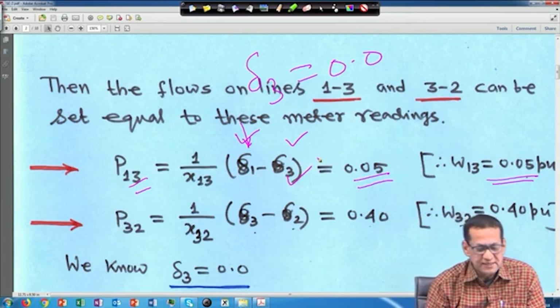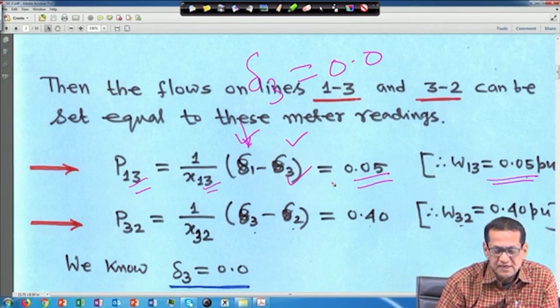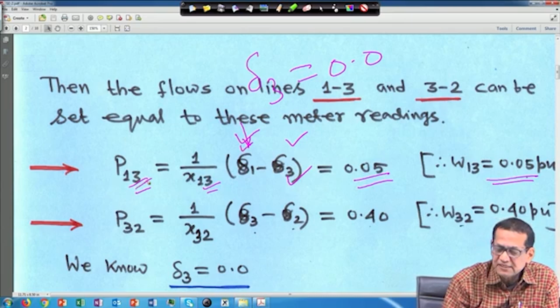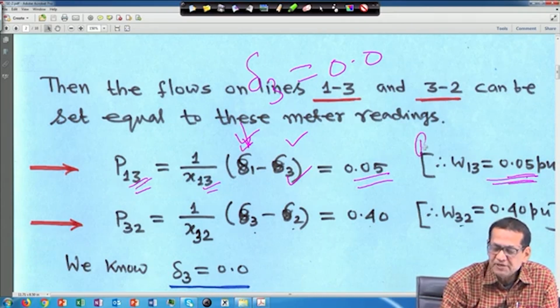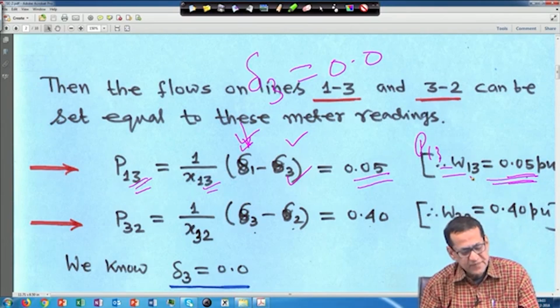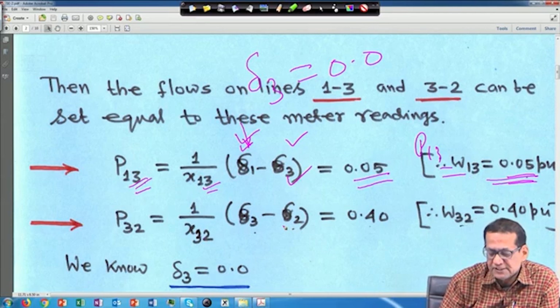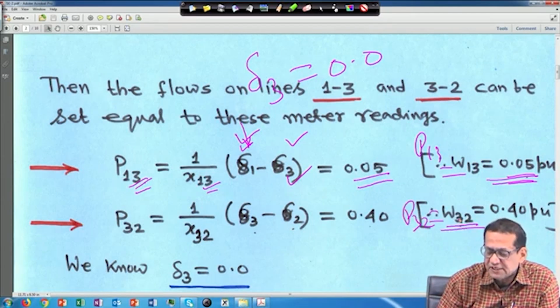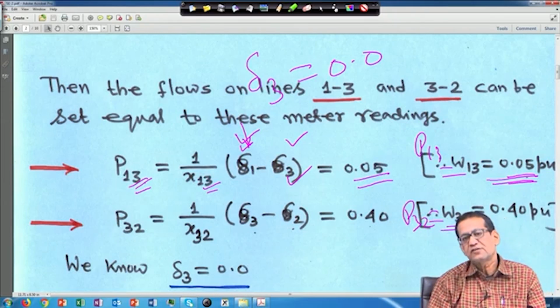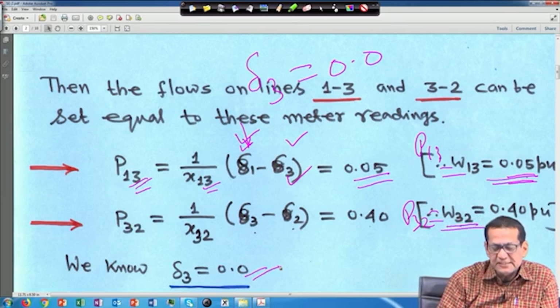With x13 known, you can calculate the value of delta 1, because P13, that is the wattmeter reading, is nothing but W13. Similarly, P32 is 1 upon x32 times (delta 3 minus delta 2), which is equal to the wattmeter reading, that is P32 equals W32, equal to 0.40 per unit, and delta 3 is 0 because it is the slack bus.